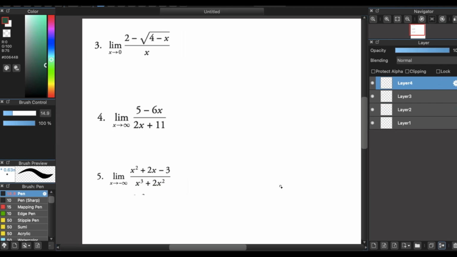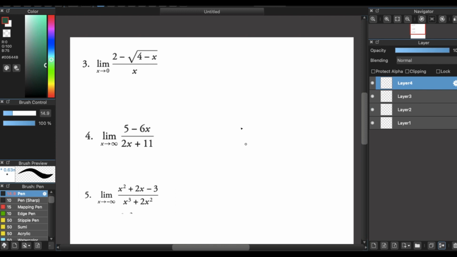Okay, so I've pasted the next 3 questions here, so that we would not have to switch the app so frequently. Okay, so let's look at example 3. I can see a square root here, so I'm going to think about conjugate multiplying.